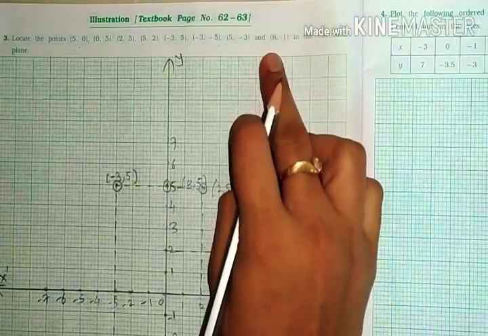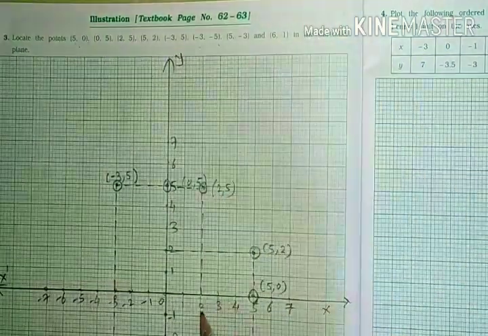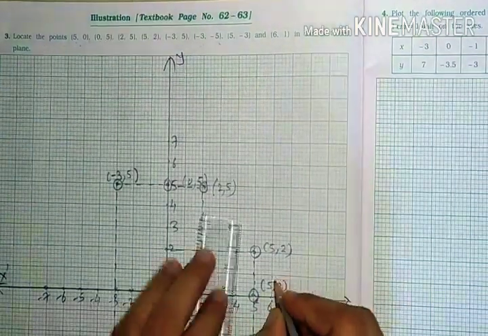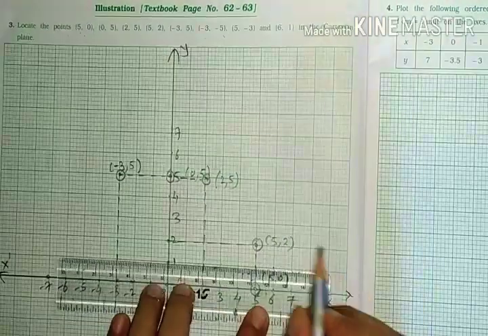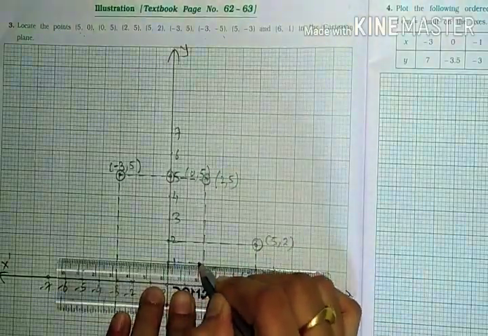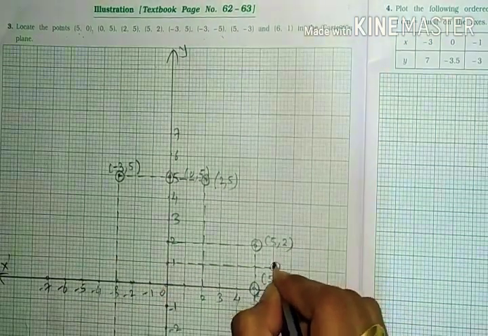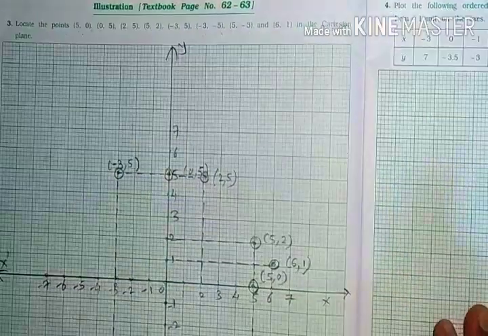Next point is (6, 1). X coordinate is 6. 1, 2, 3, 4, 5 and 6. Y coordinate is 1. Here is your 1. This will be your (6, 1).